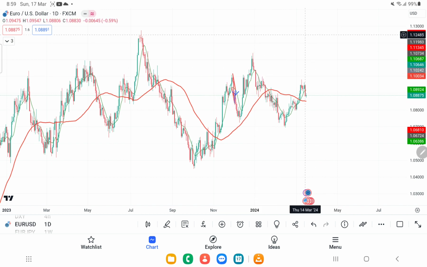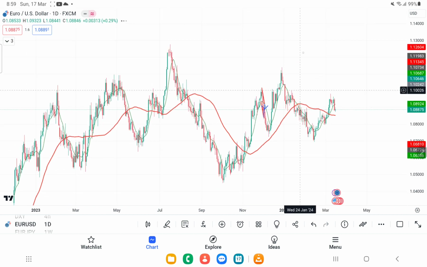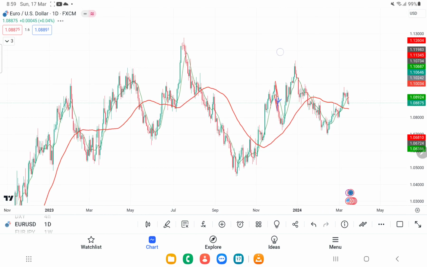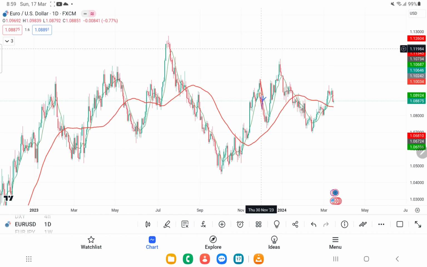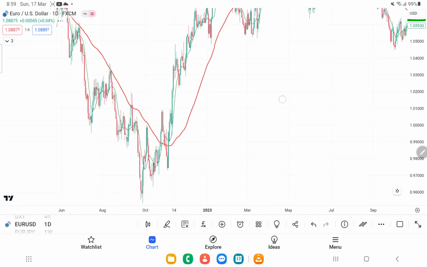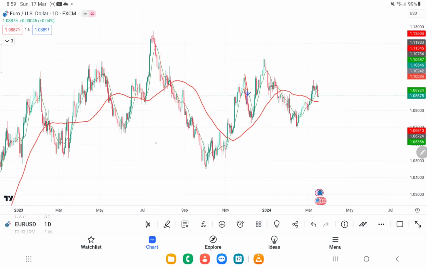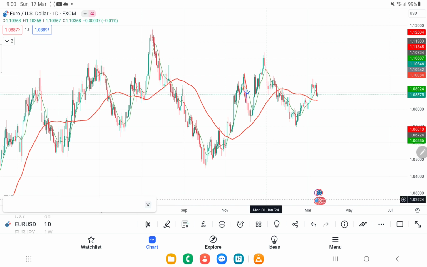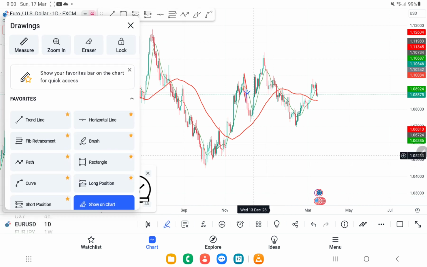All right. So, at a glance, we can see that the market is kind of ranging, but if you critically look at it, we've actually come out of an uptrend recently. We created a new low at this point here.